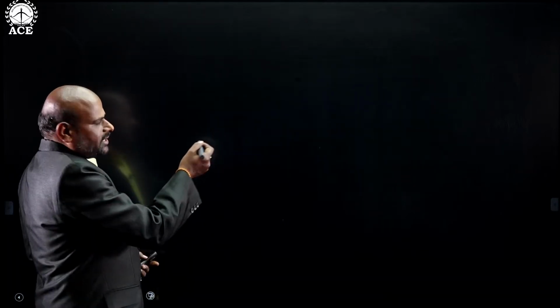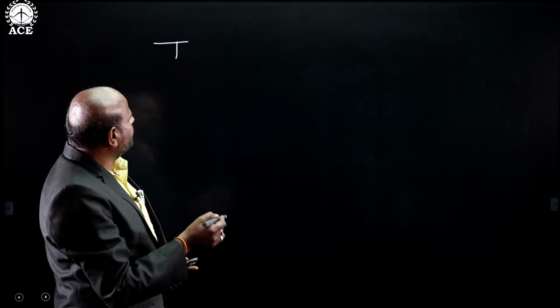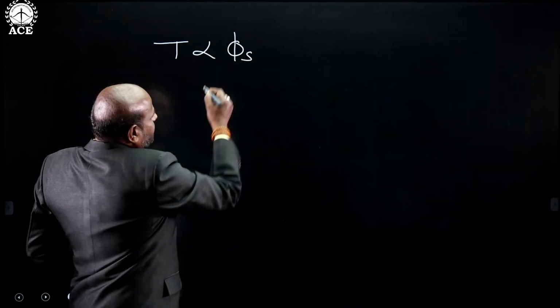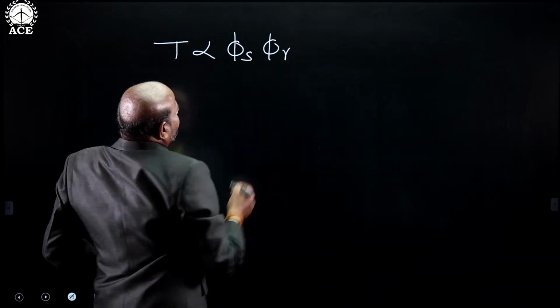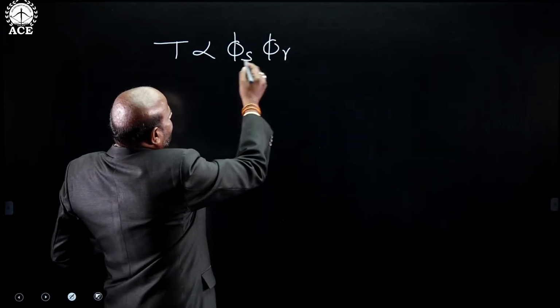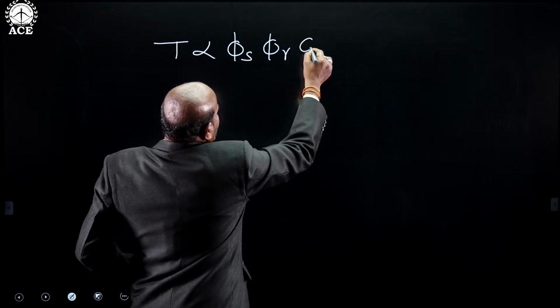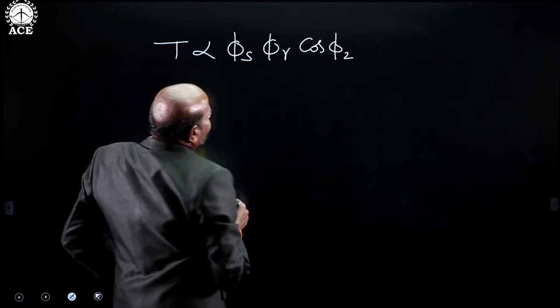So to derive the torque equation, we know that the torque produced in the three-phase induction motor is due to interaction of stator flux as well as rotor flux, and the angle between stator flux and rotor flux will be phi 2.